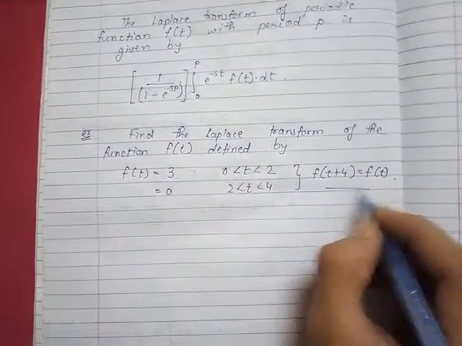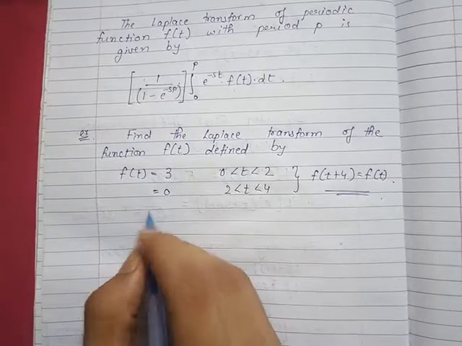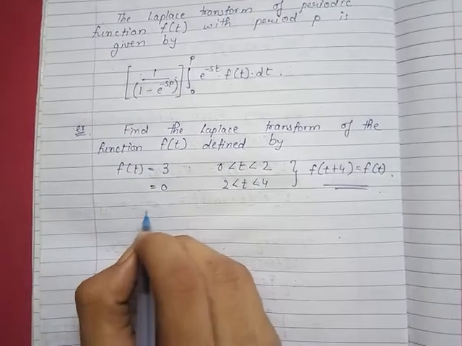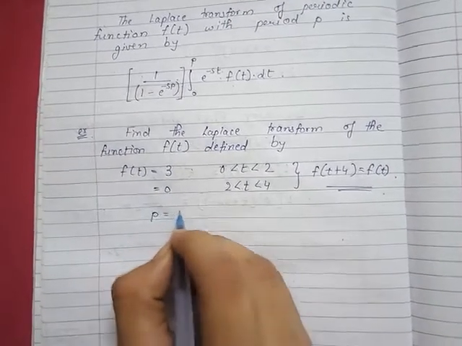So from here we can easily define p equals 4.